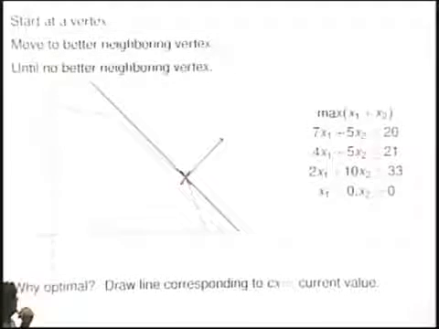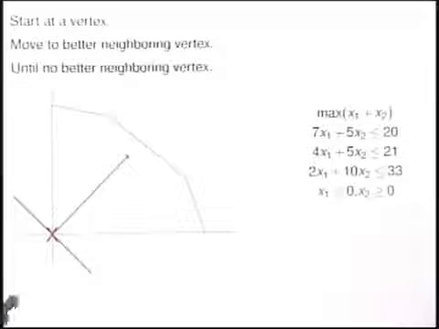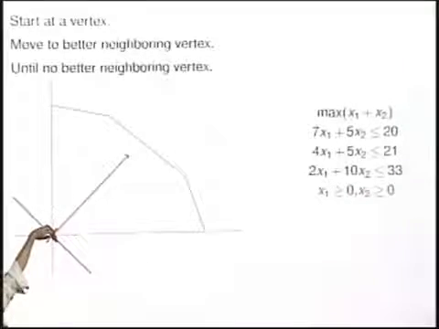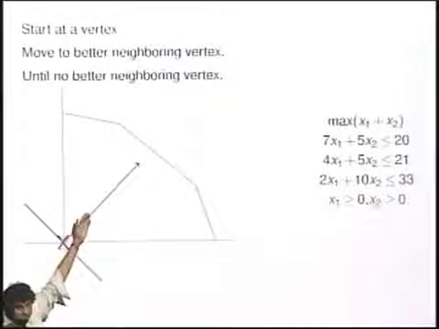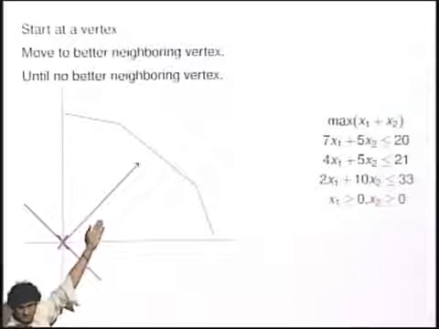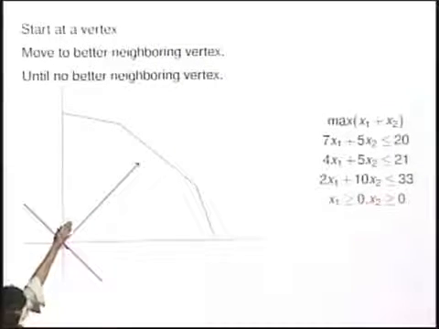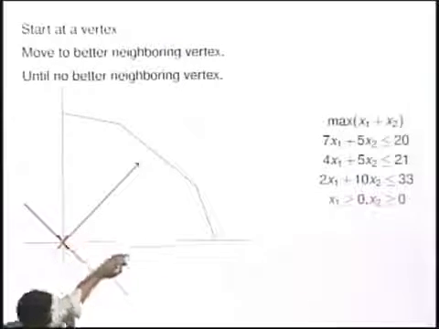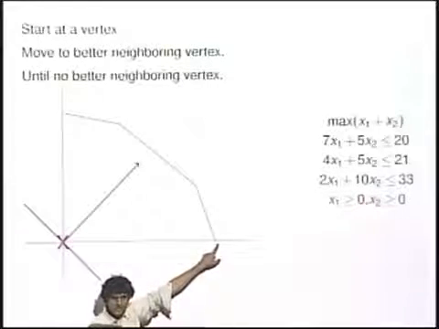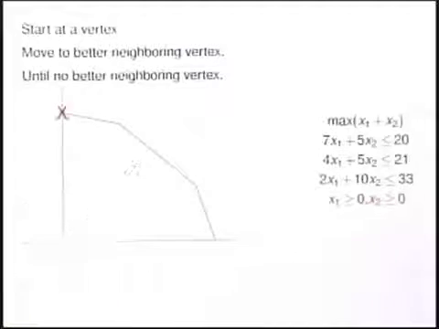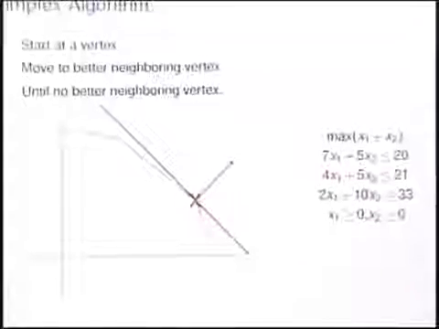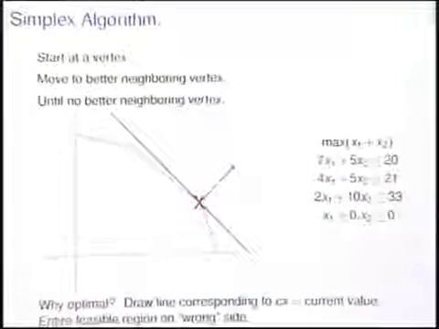Now, that wasn't true at the beginning, right? Here you drew this line where x1 plus x2 equals this value, and there were points in the feasible region. In particular, two of the points in the feasible region are neighboring vertices. There's going to be a neighboring vertex in the feasible region which you can go to, which is better. So that's why it's optimal.